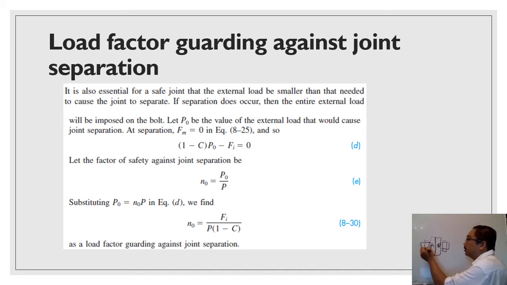This is a bolt. We want to join it, so the load factor guards against it becoming separated. We want to put in the value so that in the end we can choose the suitable diameter and suitable material to avoid it becoming separated.